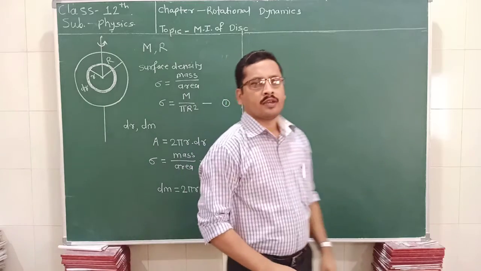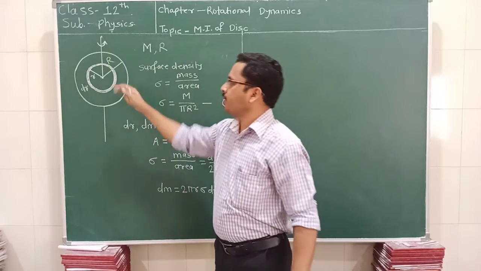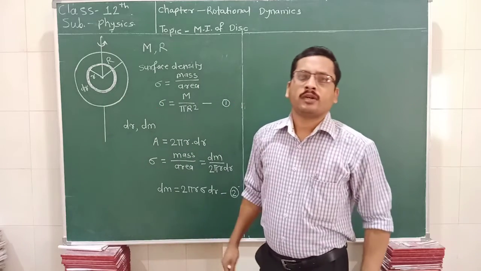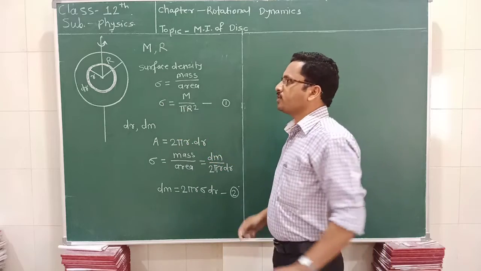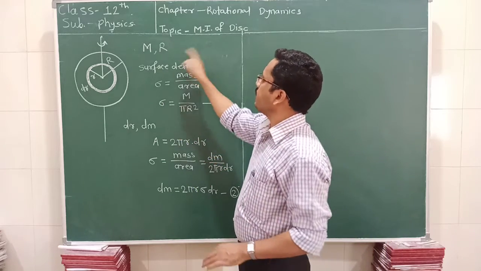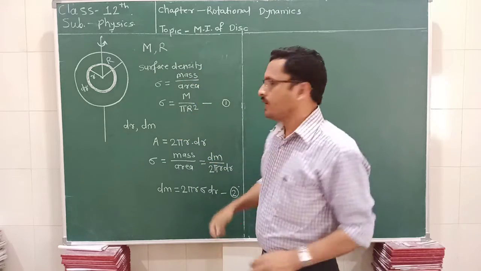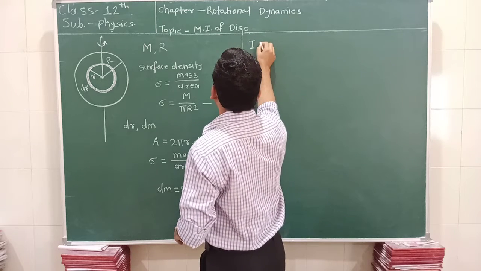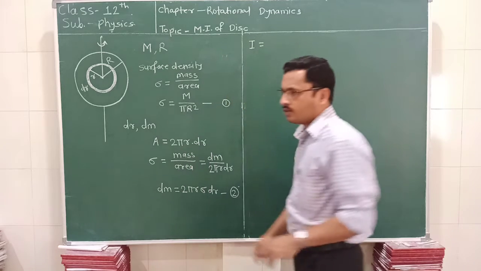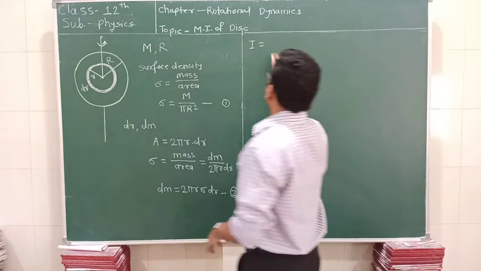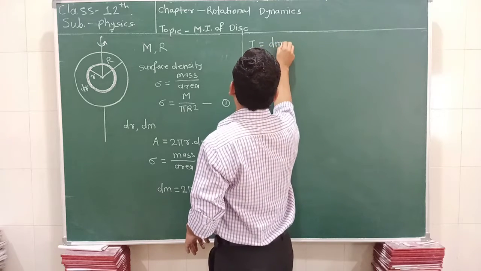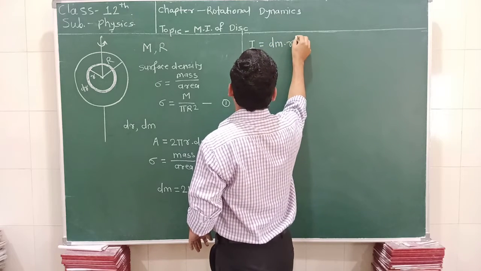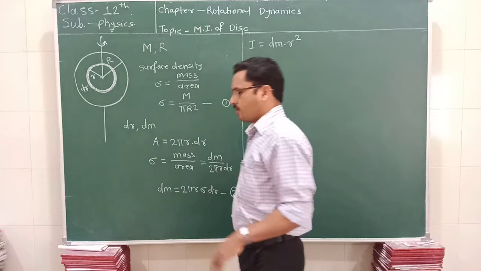Now, if we have to calculate the moment of inertia, we know the formula. If this disk is uniform, we use integration. What is the moment of inertia? I is equal to the mass multiplied by the square of the distance from the axis of rotation.